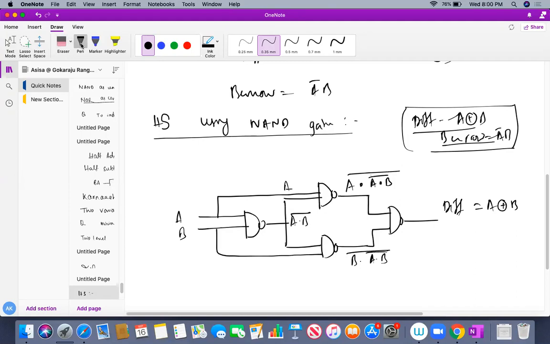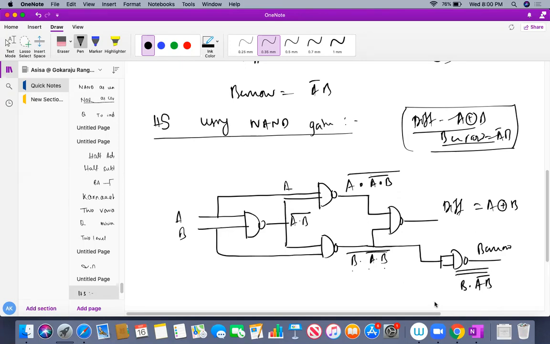See here what I am doing, very simple. Let's say I am taking one wire here and I am just connecting a NOT gate, and I am telling that this is my borrow. Now tell me what this logic is if I do like that. It is B and AB bar, whole bar. If I do one more bar, this is two times bar, am I correct students?